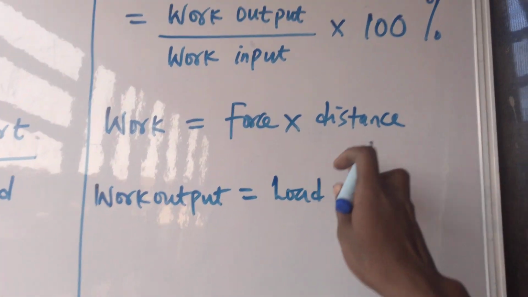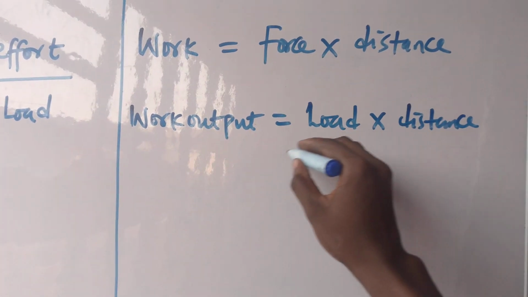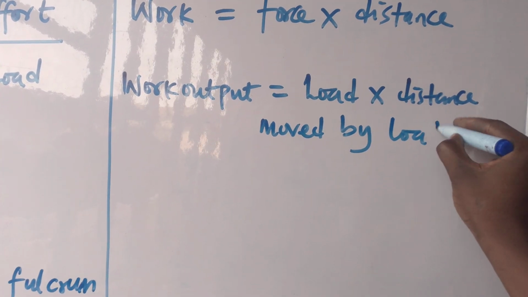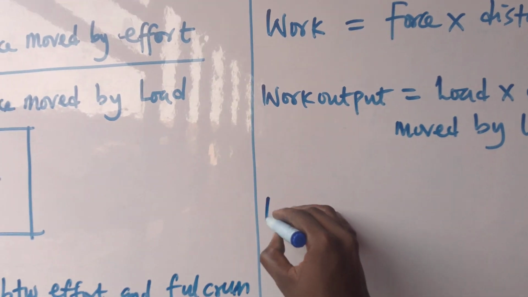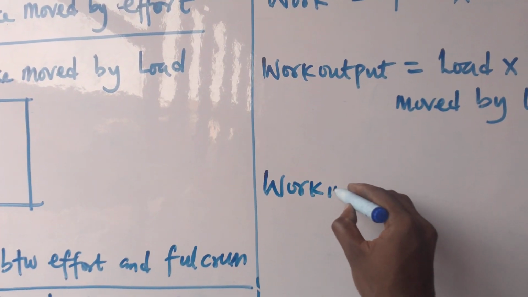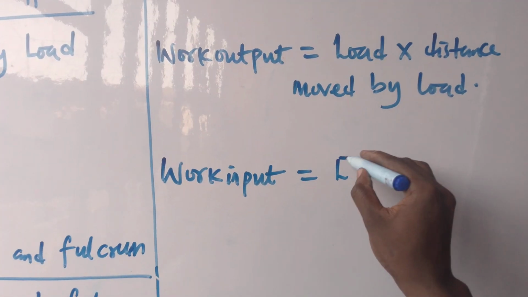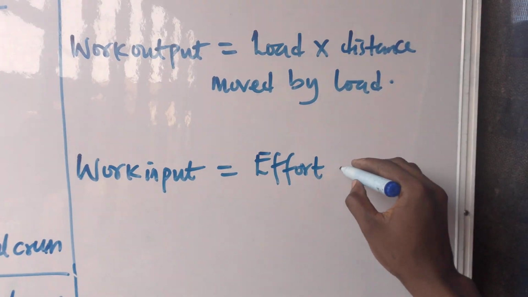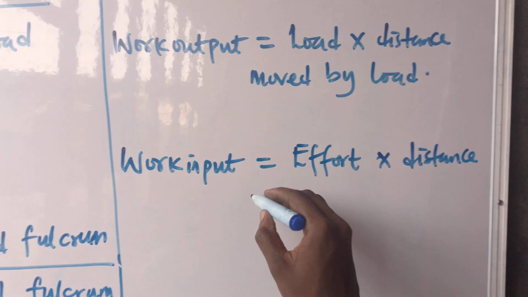The force here is the load, while the distance is the distance moved by load. While for the work input, the force will be effort, and the distance will be the distance moved by effort.